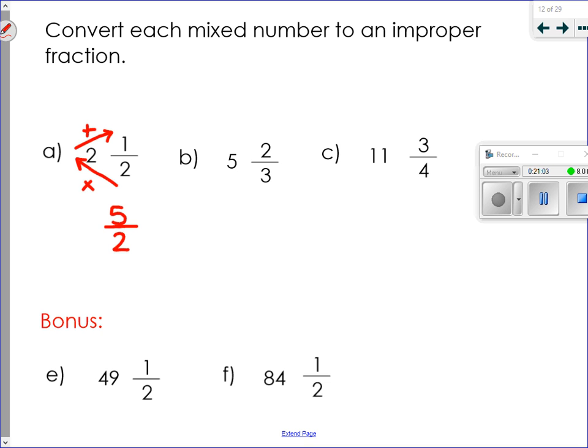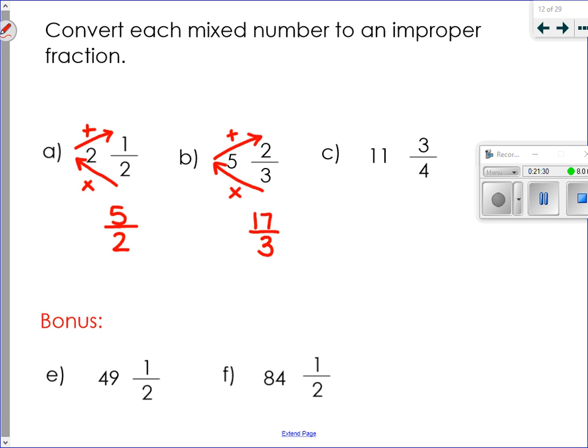If you had 2 wholes, each one of those has 2 halves, so that's 4 halves altogether. Plus you'd have 1 more half, so you'd have 5 halves altogether. Okay, let's try B. So 5 times 3 is 15, plus 2 more, 17 thirds.